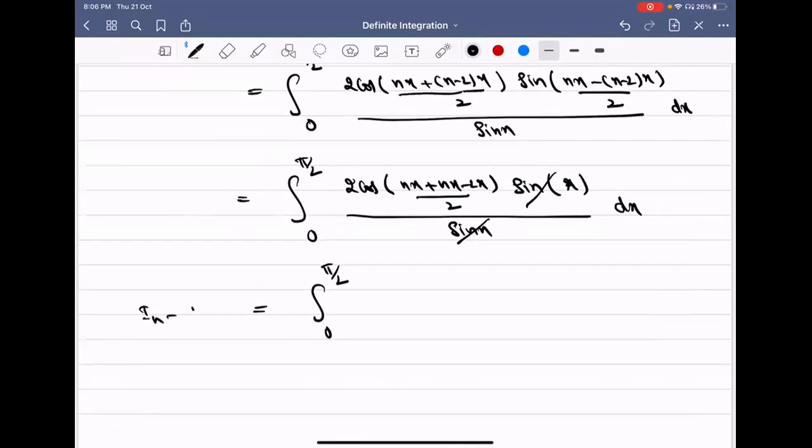So I_n minus I_(n-2) is equal to 2 cos of (2n minus 2)x by 2, the 2 cancels, therefore cos (n minus 1)x dx.